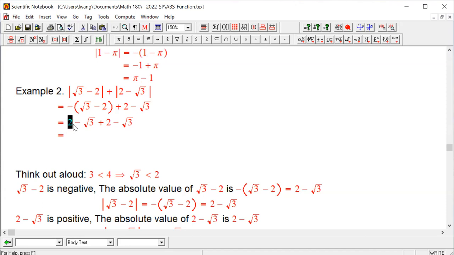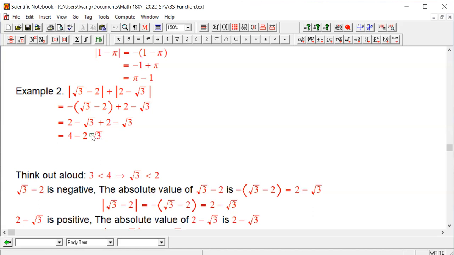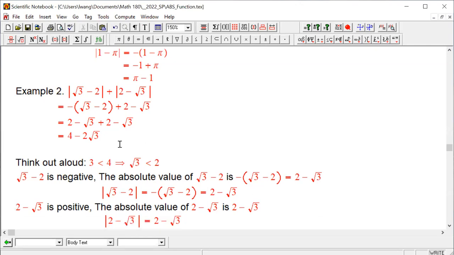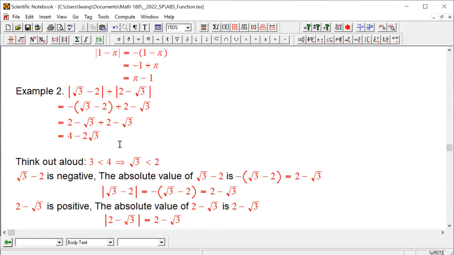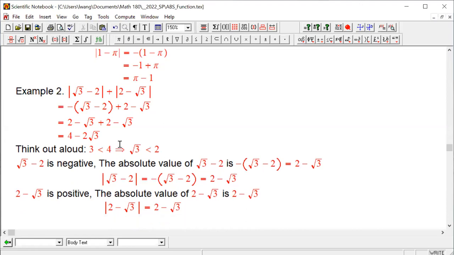So now we have 2 plus 2, that's a 4. 4 minus 2 times square root of 3. Okay, so you will probably see similar answers. We need to know how to operate it.